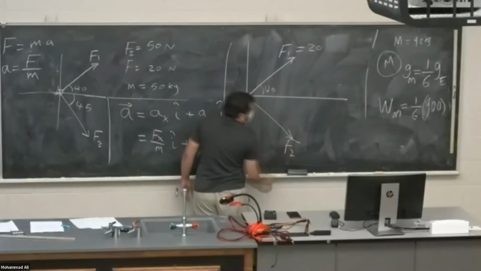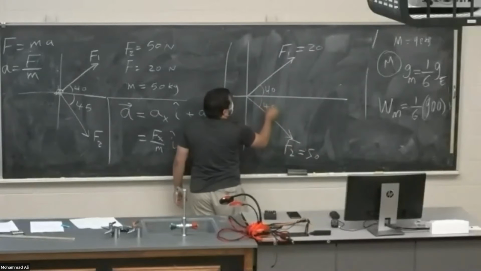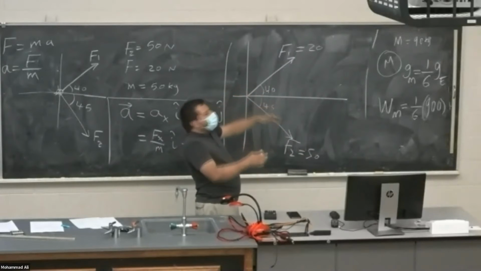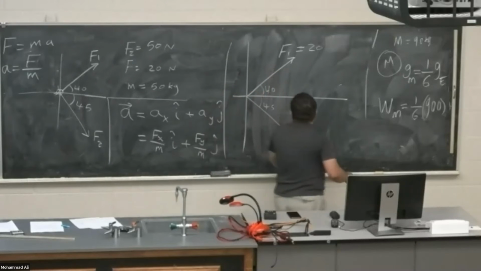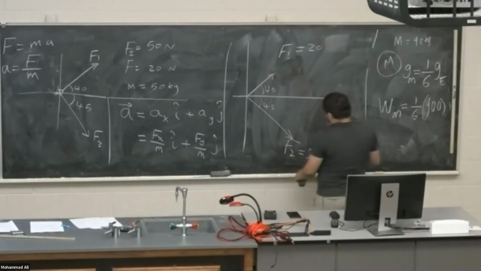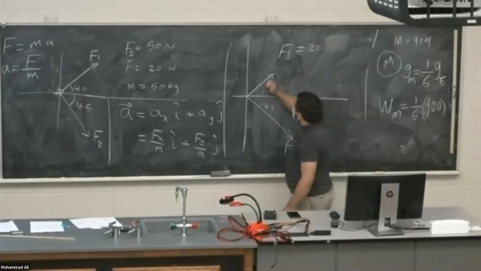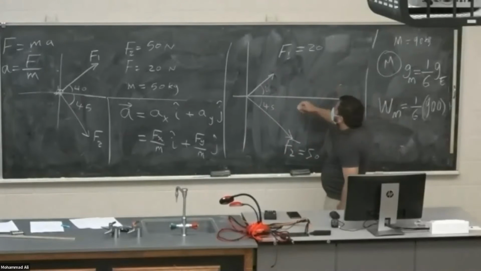This is F2 equal to 50. This is 45. If you need to deal with the length of the vector, 20 is not equal to 50. It is almost half of 50. So this is 20, almost. Right? Now I need to find the component of each vector on the x-axis or on the y-axis.